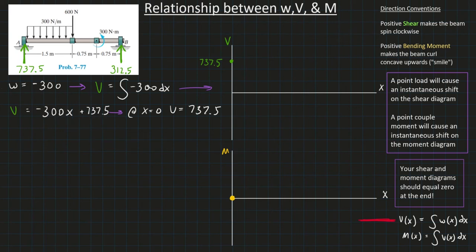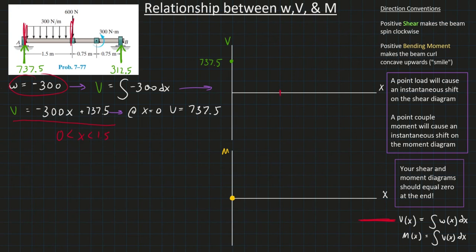Perfect. So this W here is valid from here to here. So same applies with my V equation. This V equation is happening. It gives us all the V's for all the x's from 0 to 1.5. So I can just graph that.